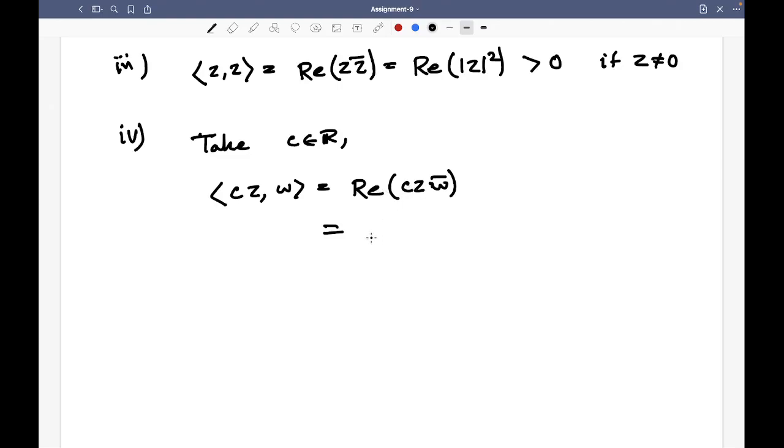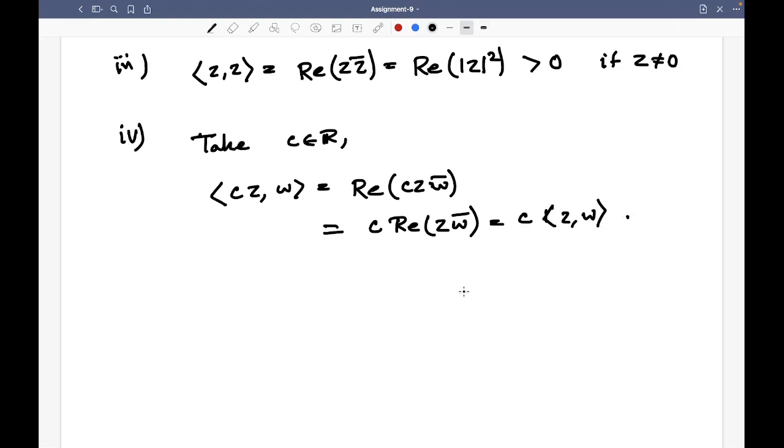As C is a real number, you can take it out, so it will be C times the real part of Z W bar, which is C times the inner product of Z with W. So condition 4 is also satisfied.